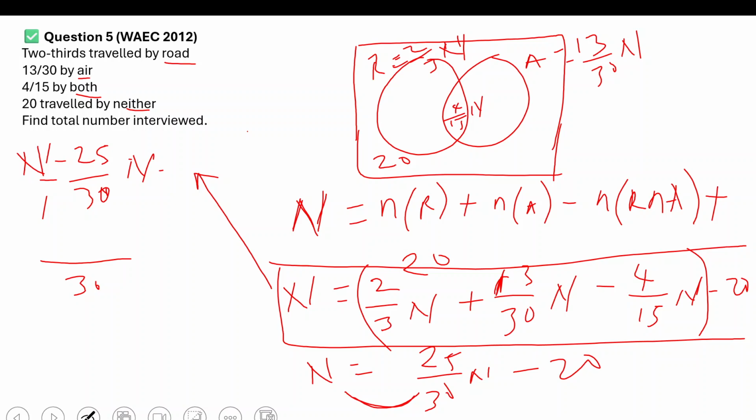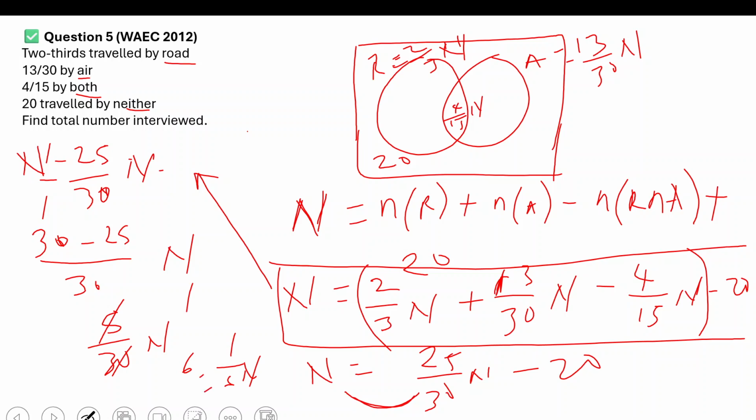So 1 into 30 is 30, 30 times 1 is 30, minus 30 into 30 is 1, 1 times 25 is 25, all n outside. So 30 minus 25 is 5 over 30 n, right? So I can reduce this to 1 over 6n. That's what this one is.